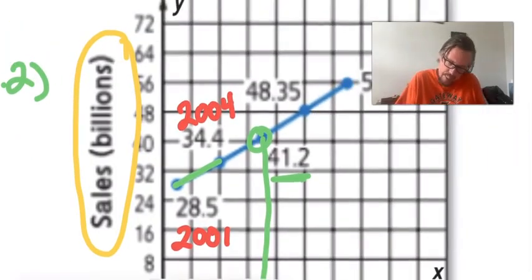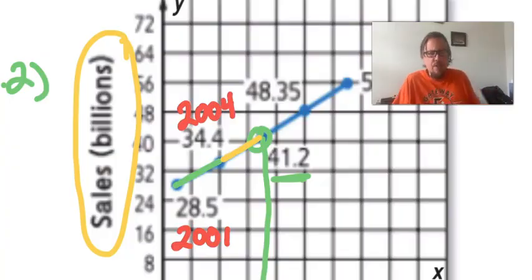And if we look at the next section from 2004 to 2007, I don't know if you can tell or not, the graph is very slightly steeper from 2004 to 2007. So it's at a certain angle from 2001 to 2004, and it's at a higher angle from 2004 to 2007. That's how a higher slope is shown graphically.